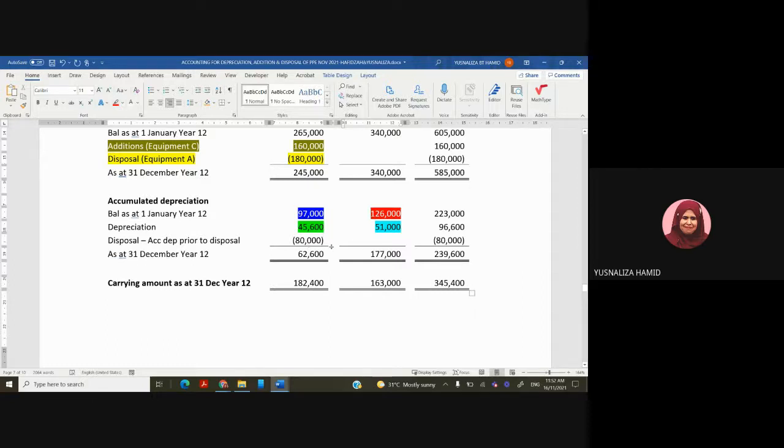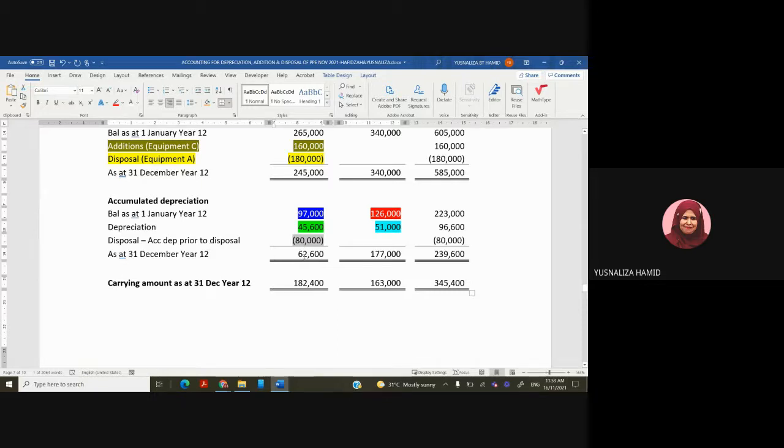So the accumulated depreciation that you remove or excluded or derecognized or eliminated is the one prior to disposal. It was not 90,000 as in example 4, but this one is 80,000. Since in year 12, there is no depreciation because of the yearly basis, and that was also because the asset was being disposed.